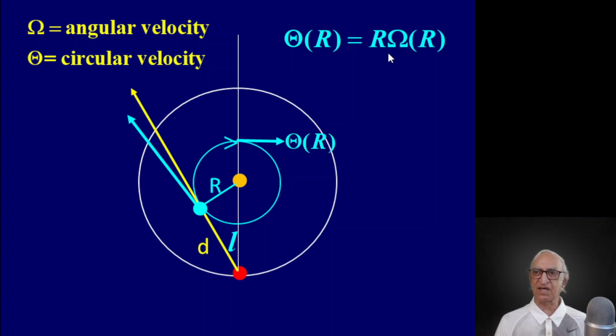So both theta and omega are functions of r, where r is the distance from the center of the galaxy. Now we are looking in a particular direction whose longitude is l. This is l equal to 0, l equal to 90 degrees, 180 degrees, 270 degrees, 360 degrees, and so on.